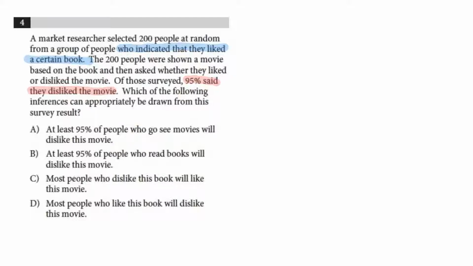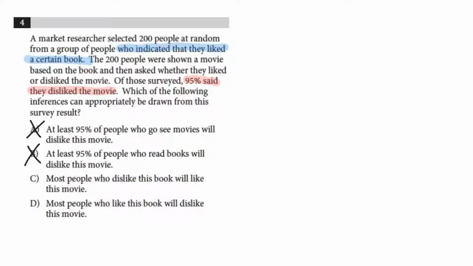So that's not going to be representative of all people. B. At least 95% of people who read books will dislike the movie. No, it wasn't a survey of people who read books. It was a survey of people who liked a certain book. So that's not true.